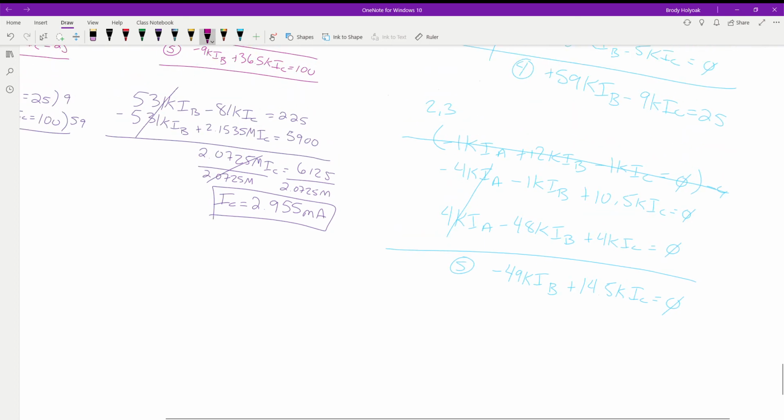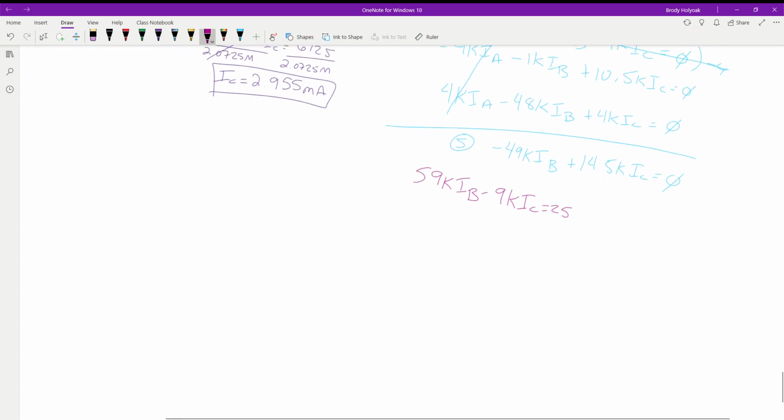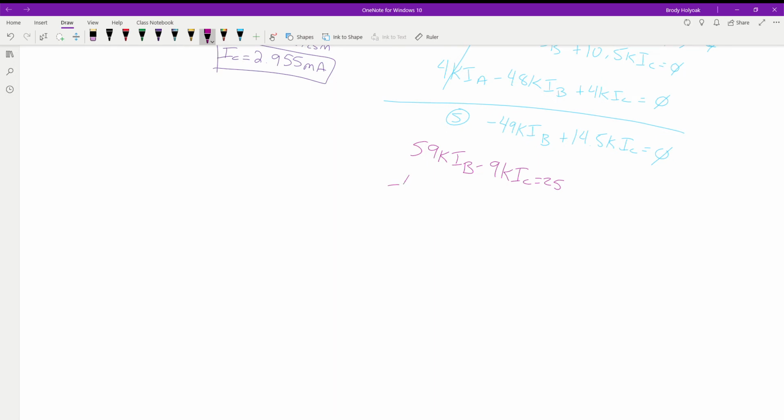Now we're going to jump back up here and grab our 2 equations. We're going to combine them together. So we got the 59K IB minus 9K IC equals 25. And the minus 49K IB plus 14.5K IC equals 0.